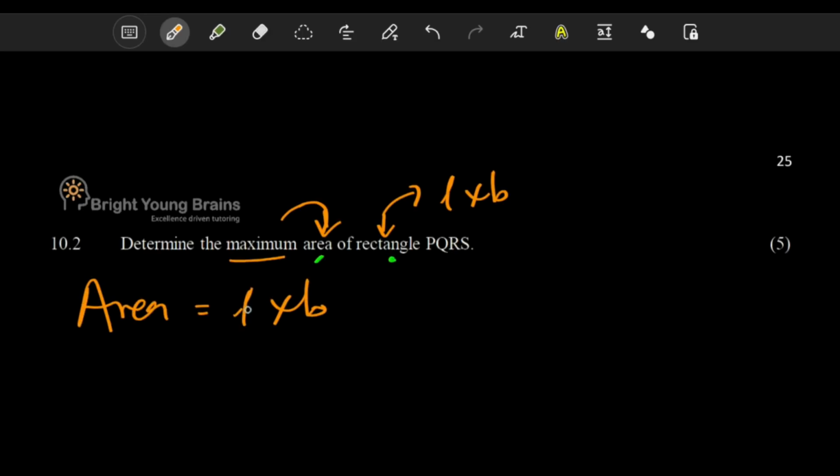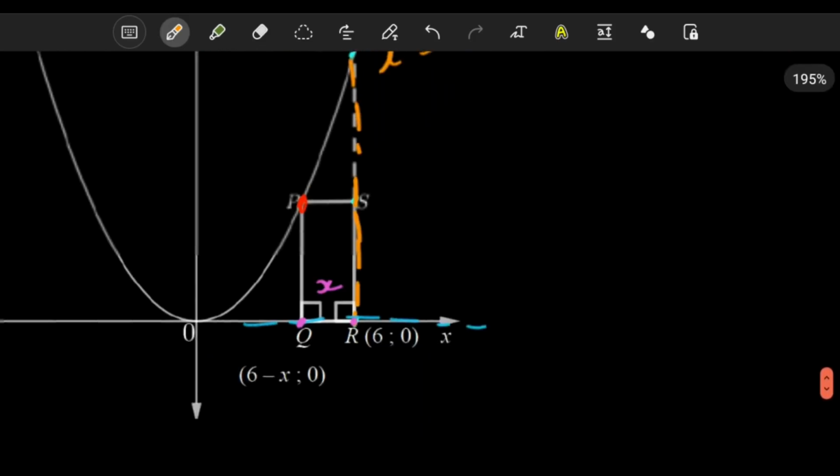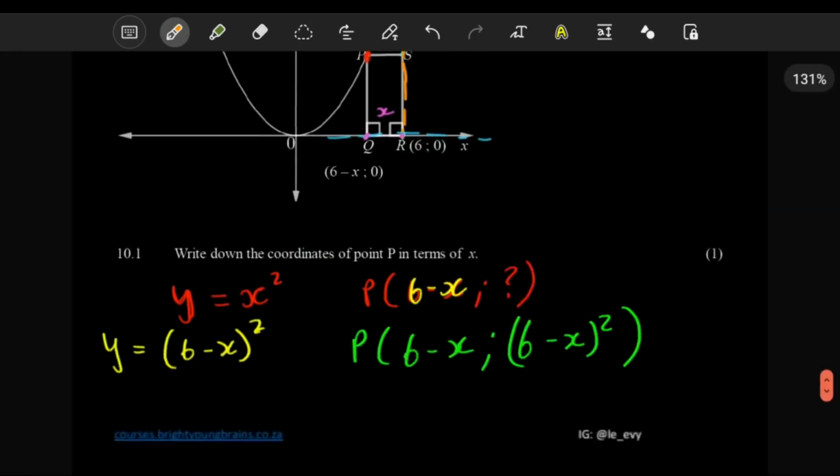But for this area, we obviously need an expression for the length and an expression for the breadth, which is quite simple because the y value of P gives us the length, and the distance between Q and R gives us the breadth. It's just that simple.